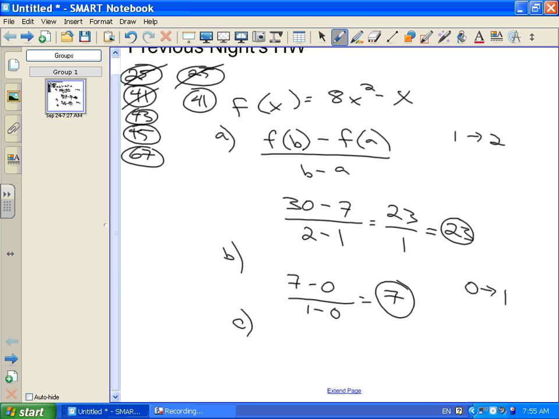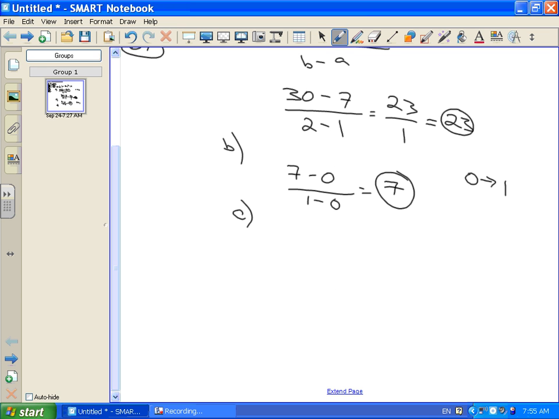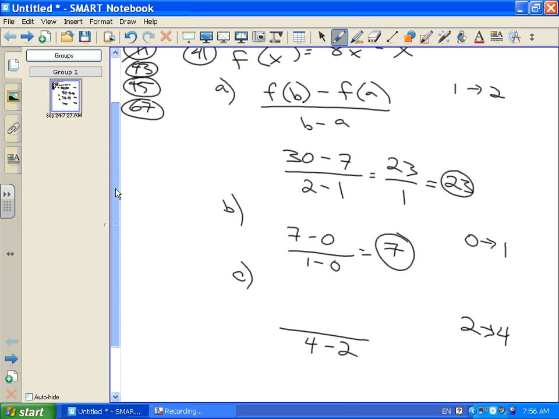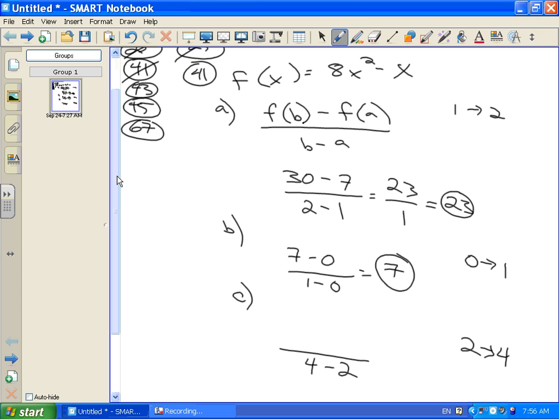And part C, going from 2 to 4. All right, so I already know that in the bottom I'm going to get 4 minus 2. And then in the top, when I plug 4 into my function, I will get 4 squared, that's 16. 16 times 8, 128.